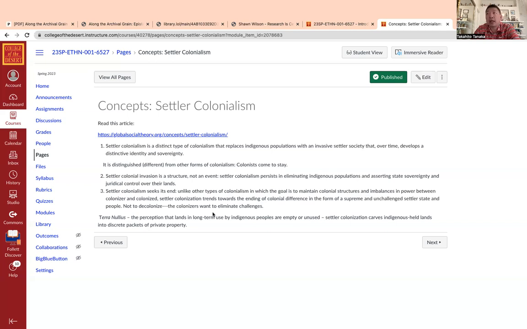This is a concept that we discuss within ethnic studies as part of this continuing process, really critiquing what it means to be part of this society and the social structures that are embedded in it.